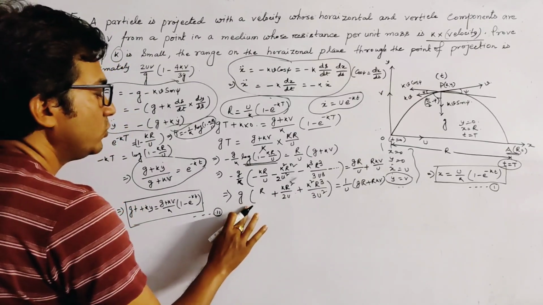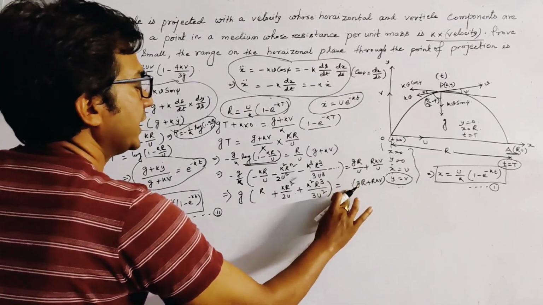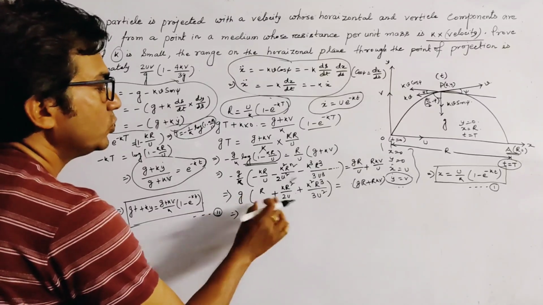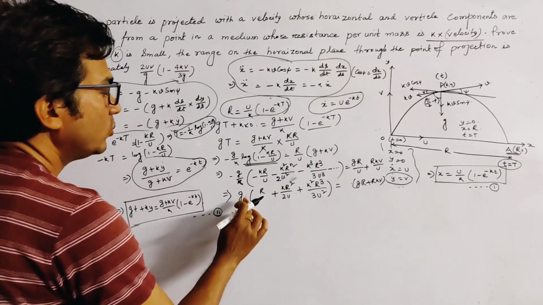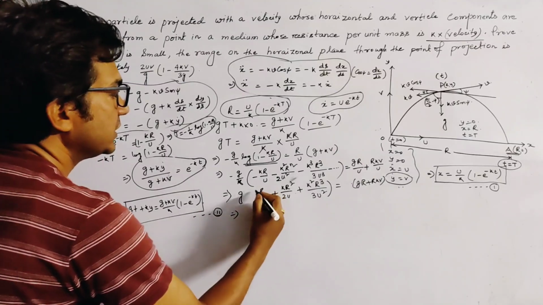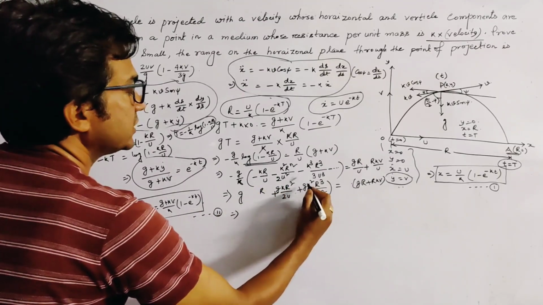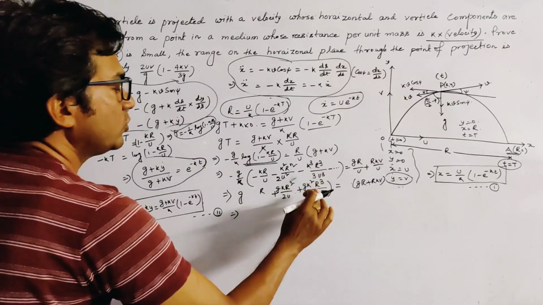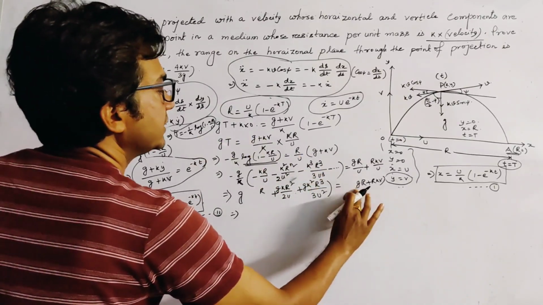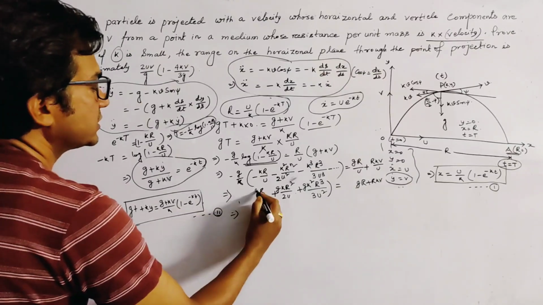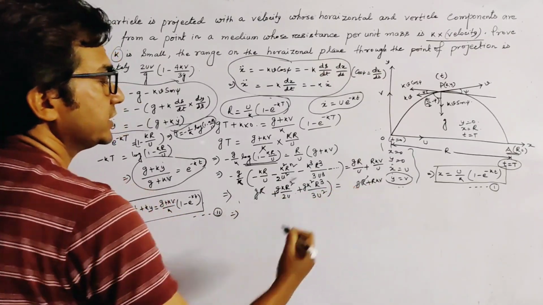We cancel out u from both sides and get the relation, and if we multiply g with this relation, then the first term is gr, the second term is gkr square by 2u, and the third term is gk square r cube by 3u square. We cancel out the first term gr from both sides.